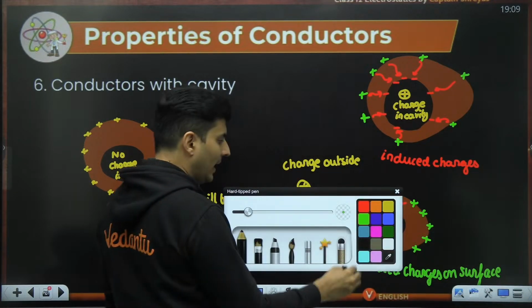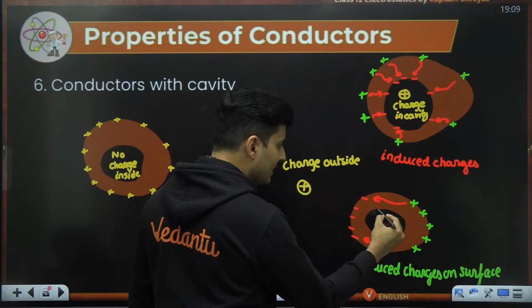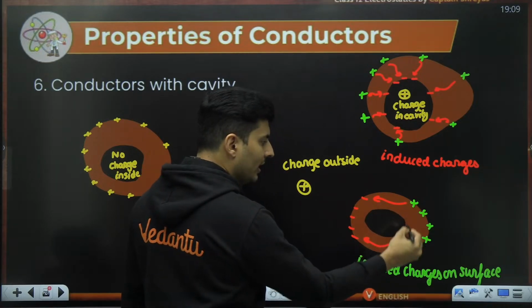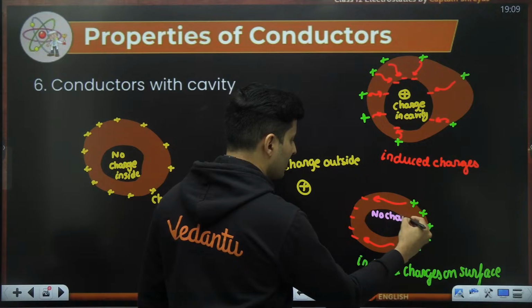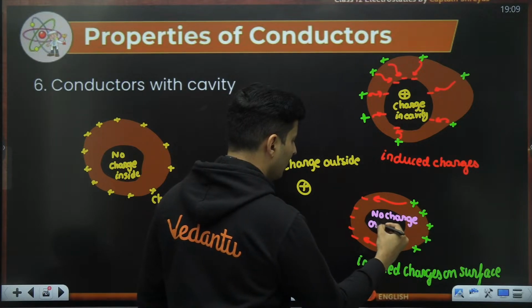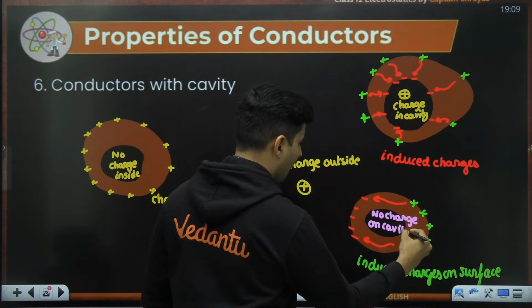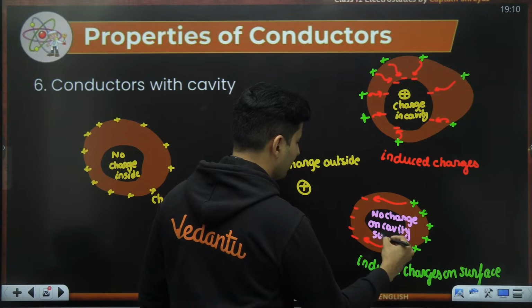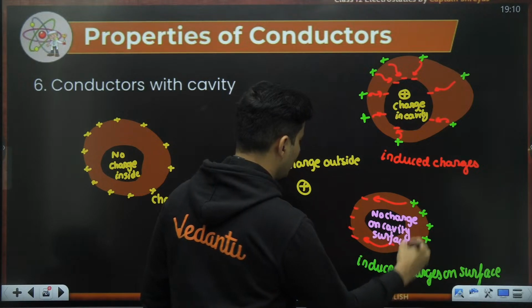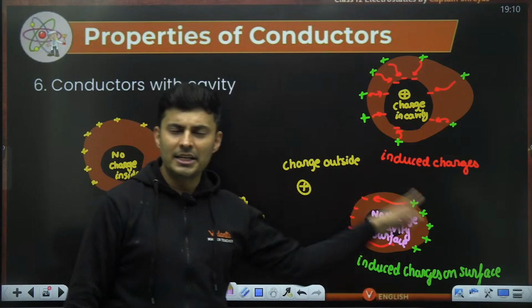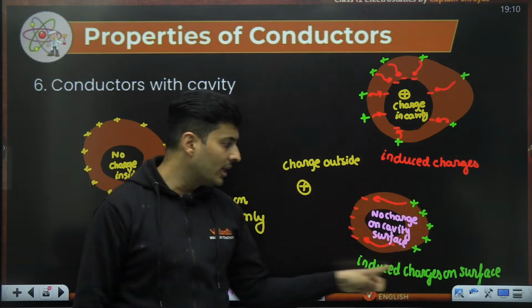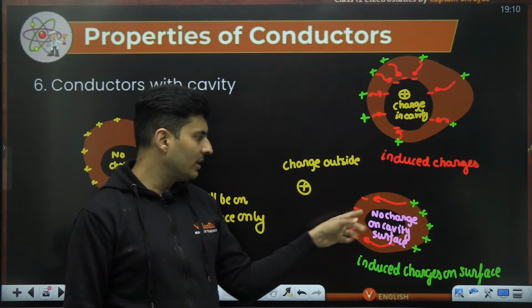But in spite of that, you will not see any charge on the inner surface. There will be no charge on the cavity surface. All the charges are just getting redistributed on the outer surface. This positive will pull the electrons.